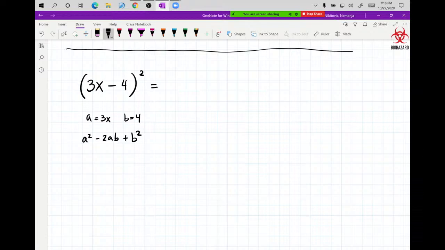So now I have 3x squared, that's a squared, minus 2 times a is 3x, times b, which is 4, and then plus b squared, which is 4 squared. So every a is replaced with 3x, every b is replaced with 4, and the rest, the signs and the 2, all stays as is.